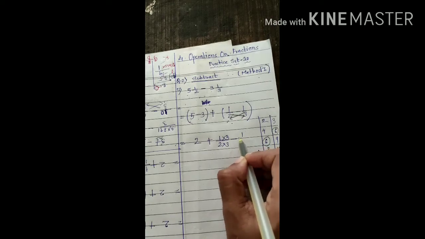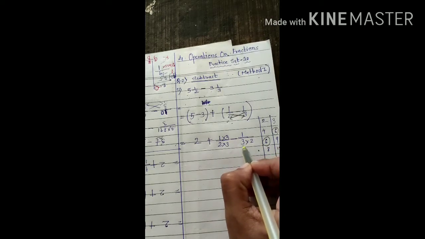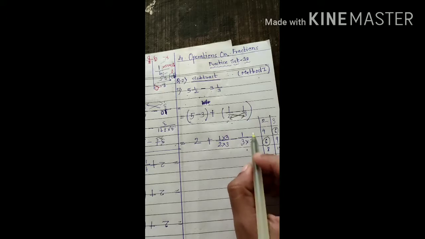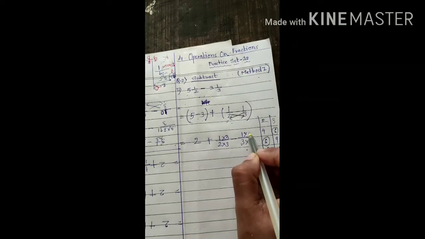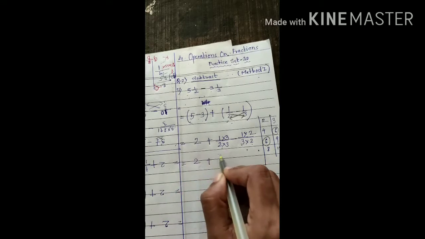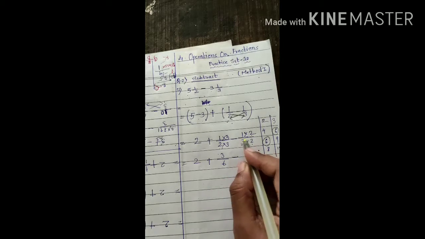Minus 1 upon 3, you have to multiply this denominator by 2, then you have to multiply the numerator also by 2. So 3 1s are 3, 3 2s are 6, minus 2 1s are 2, 3 2s are 6.